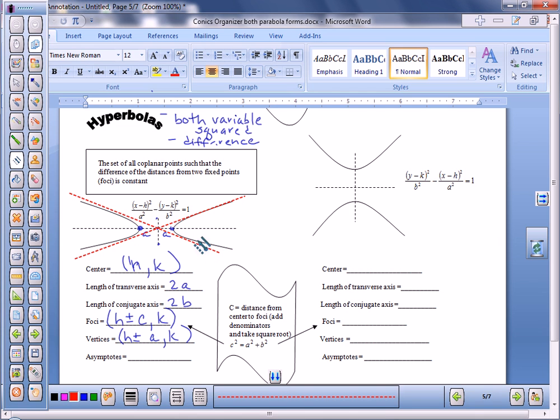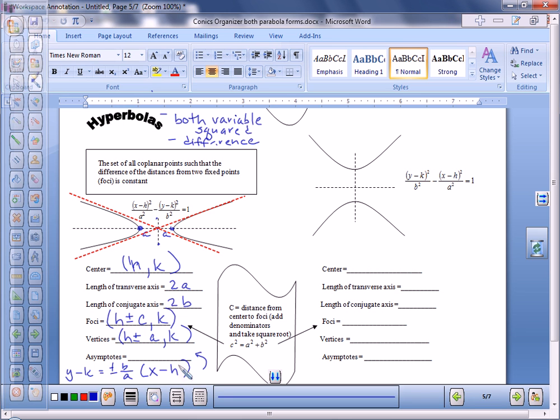Do you see how the hyperbola just kind of rides along the lines? Those we're going to leave in point-slope form. I don't have enough room right here, so I'm going to write it down here. So it's y minus k equals plus or minus b over a, that gives us our slope of that line, times x minus h.